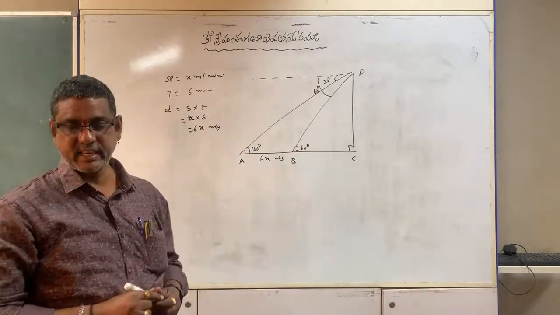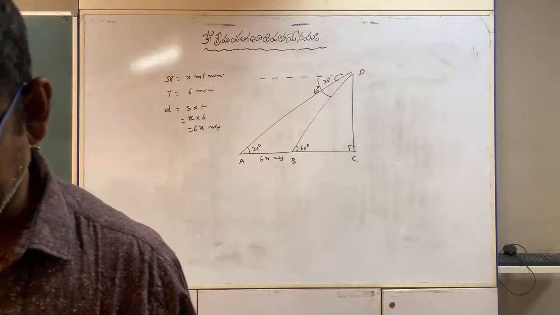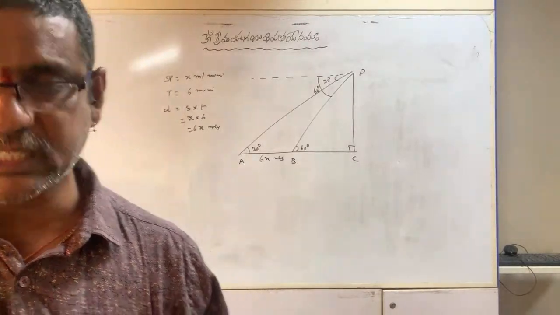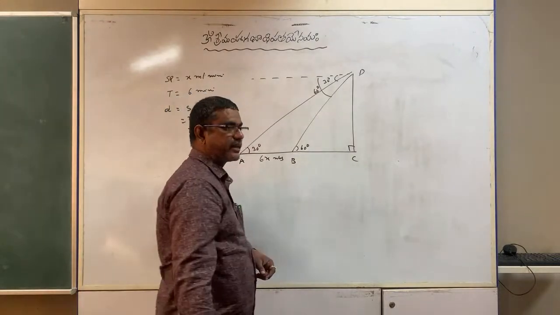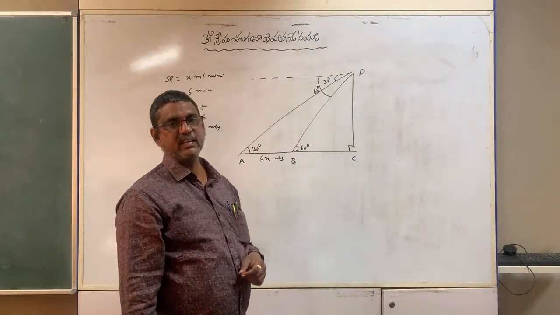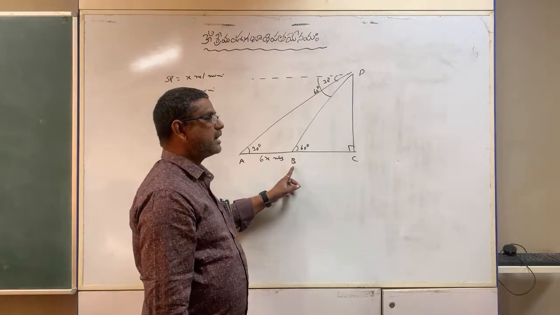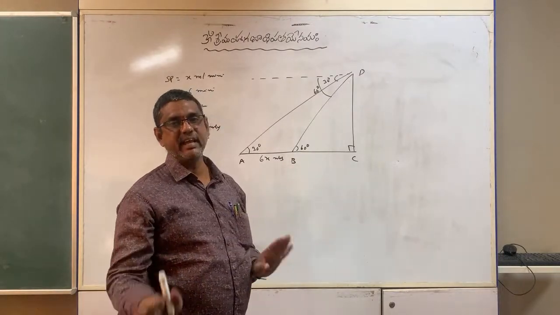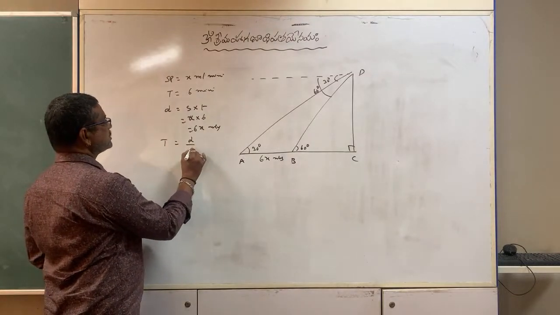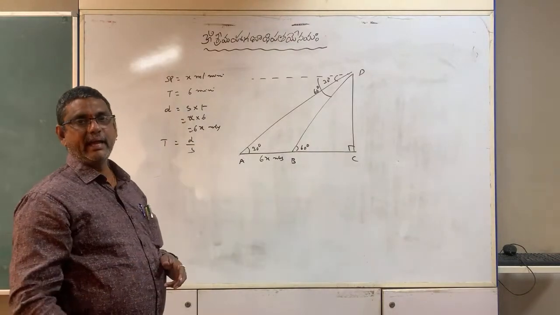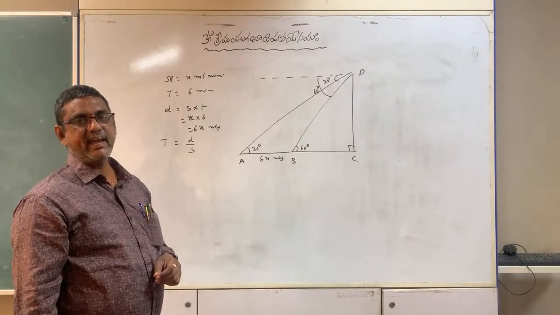Now what is being asked? Find the time taken by the boat to reach the shore. That means from B to C, how much time is taken? Time is distance by speed.